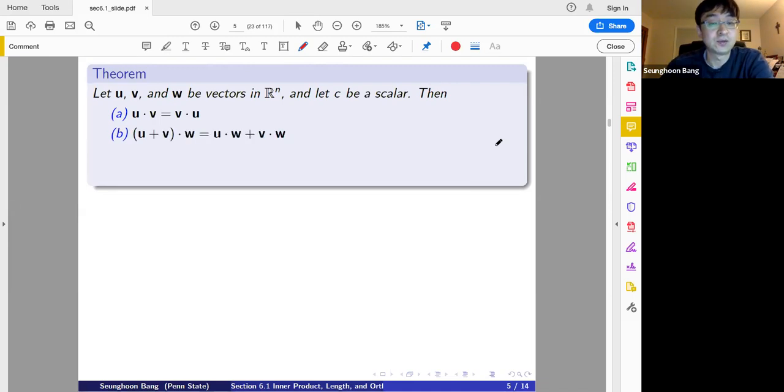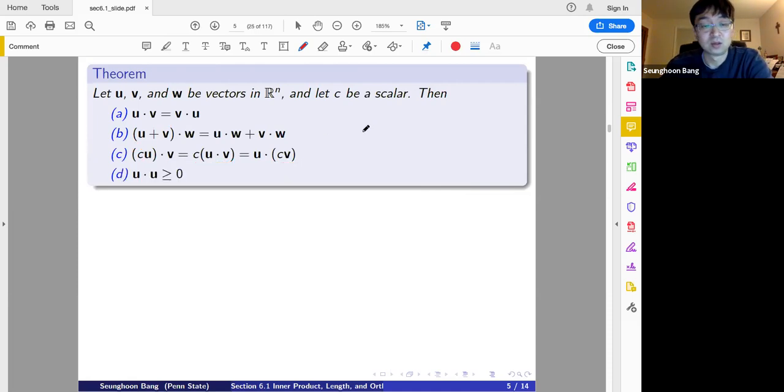For u plus v dot w, you can distribute w: u dot w plus v dot w. For cu dot v, you can take out c; the c can go here, it doesn't matter. So we have u dot cv.